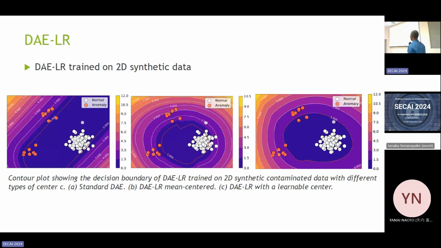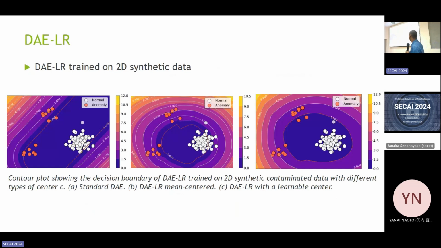In the middle, it's using the constrained autoencoder that I just presented, where we enforce the latent representations of the data points to be centered around the mean of all the latent projections. We can see that it's a little bit better compared to the standard version, but we still have so many false positive points.